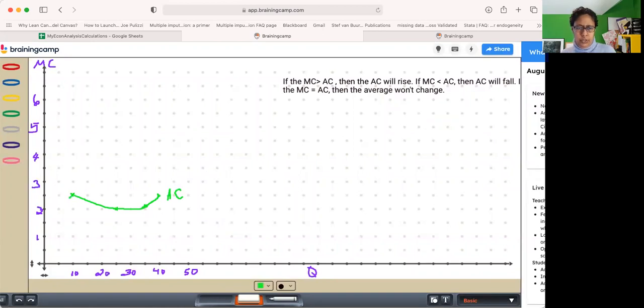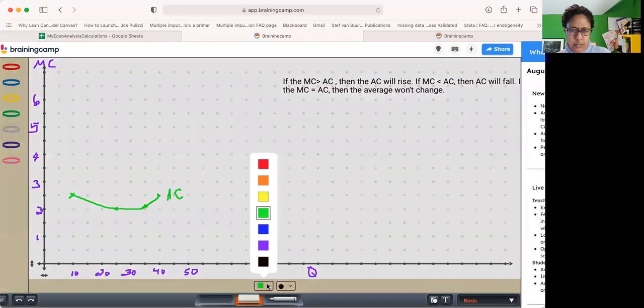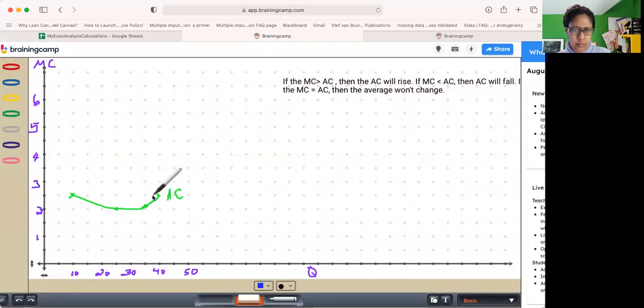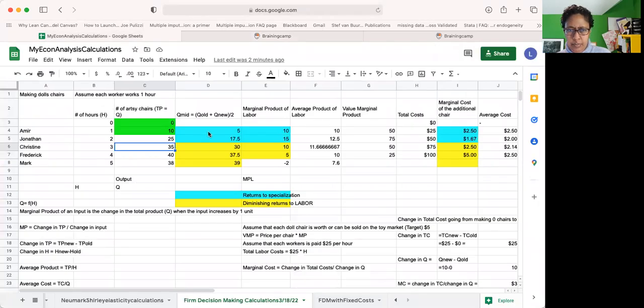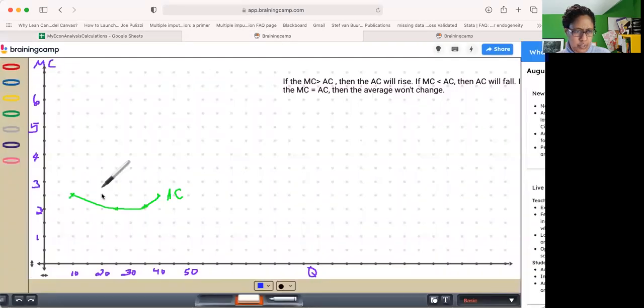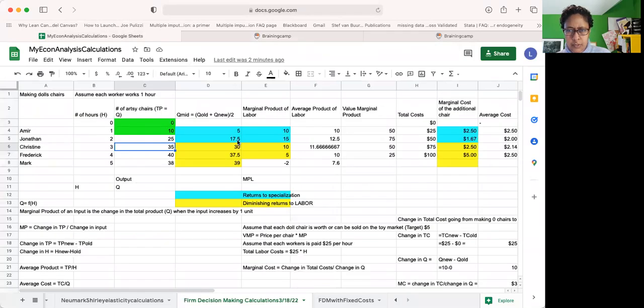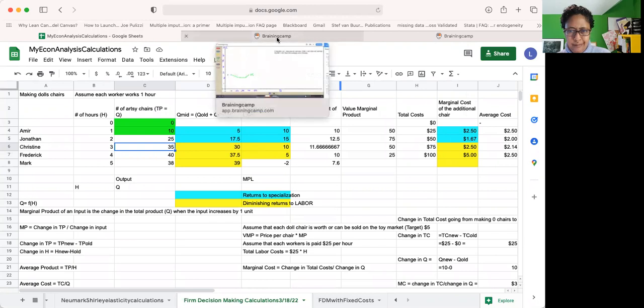Just going to be careful when we draw this. Now I'm going to have my marginal cost in blue. And my marginal cost, I'm going to plot at my midpoint. 5 matches to 2.50. So here's 5, here's 2.50. 17.5 to $1.65.